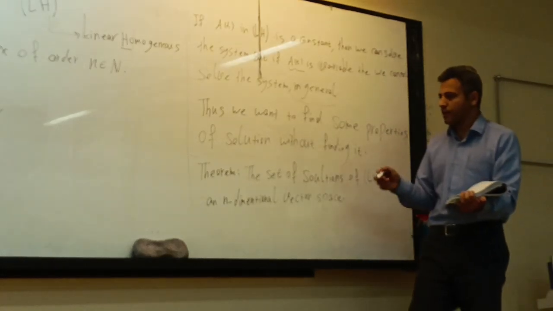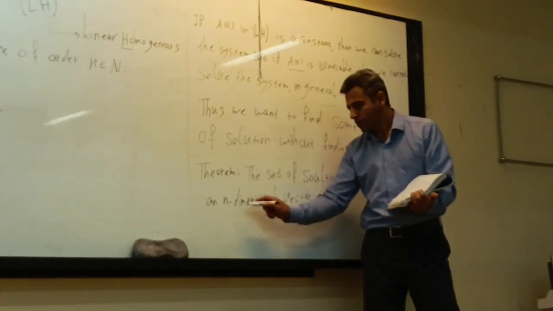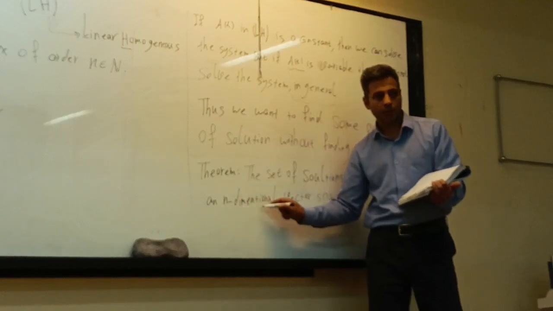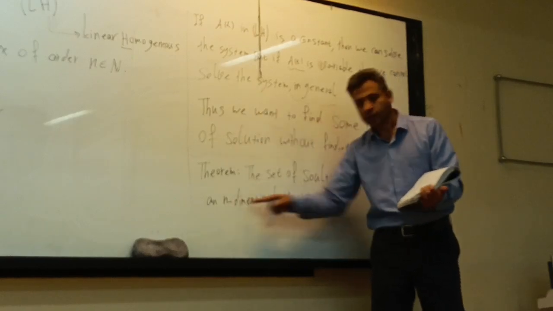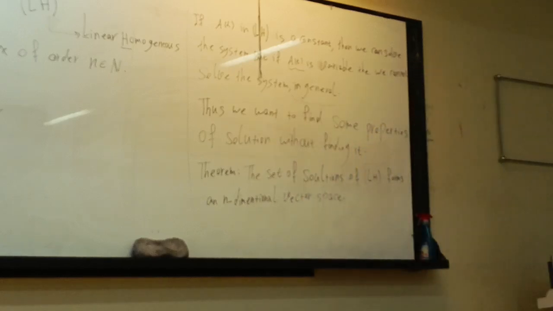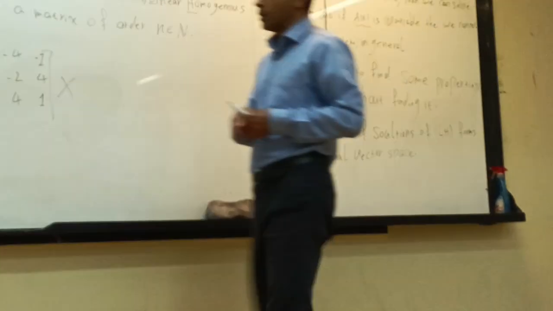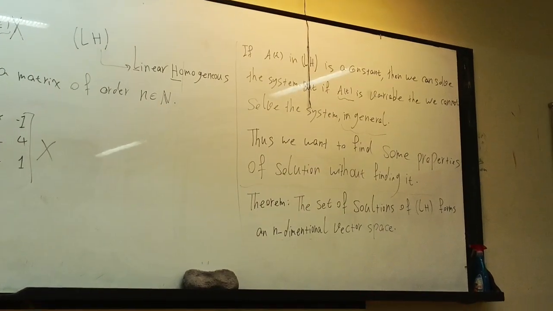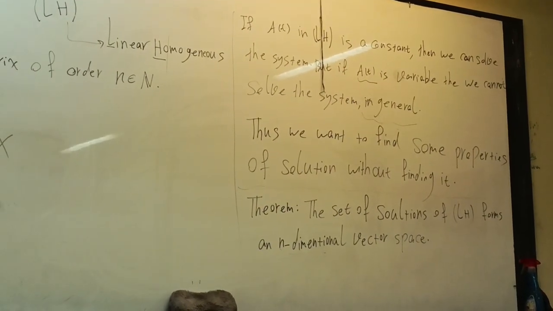If A(t) is order 2, we have 2-dimensional; if 3, 3-dimensional; 4-dimensional. Two variables, 3 variables, 4 variables.